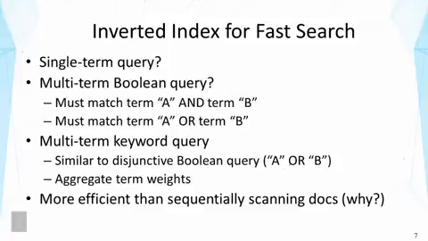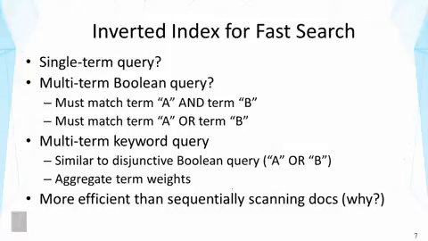So I want the relevant document to match both term A and term B. Right? So that's one conjunctive query. Or I want the relevant documents to match term A or term B. That's a disjunctive query.